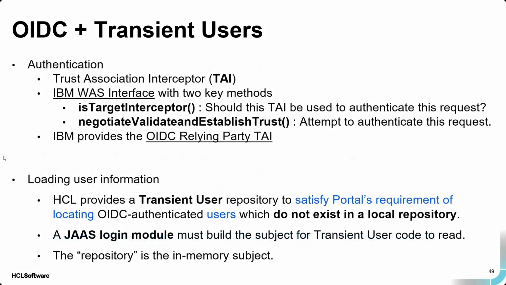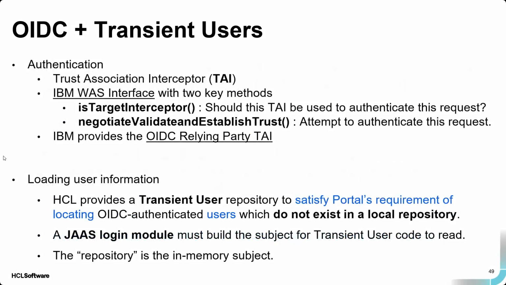So what happens when you're integrated with OIDC is that we leverage the Trust Association Interceptor interface. And we configure a Trust Association Interceptor that is capable of integrating with the identity provider and establishing the user identities.